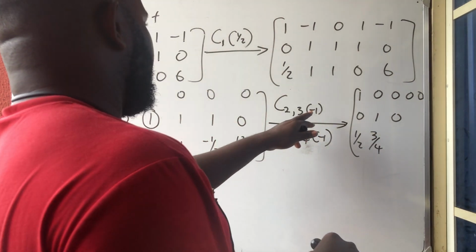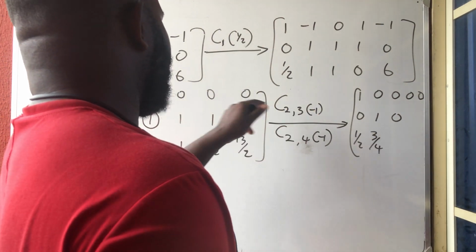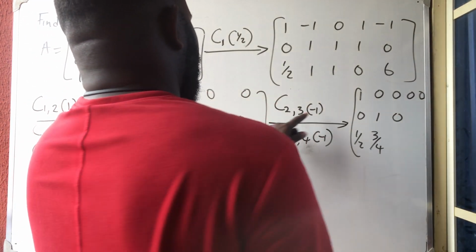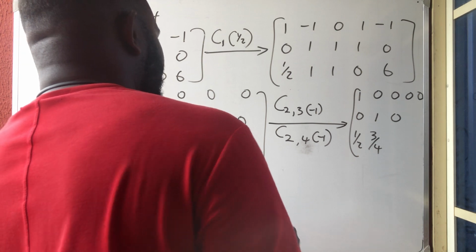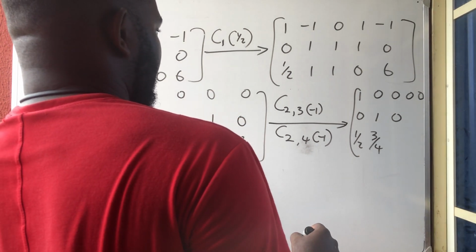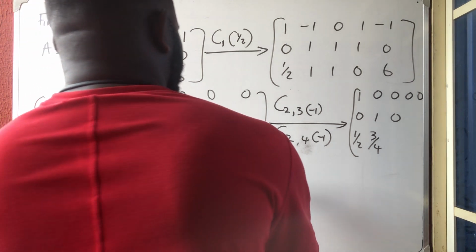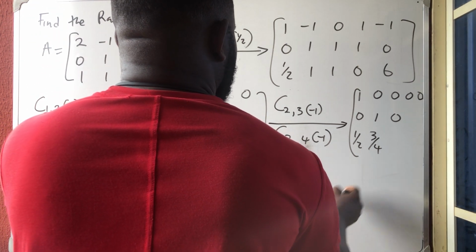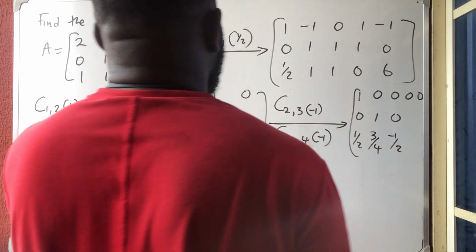Let's multiply. Minus 1 times this is minus 1. Minus 1 plus this is 0. Minus 1 times this is minus 3 over 2. Add it to this one. You have plus 1, which will give you minus 1 over 2. So minus 1 over 2 is here.